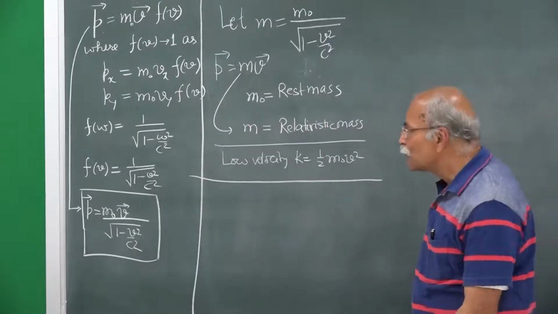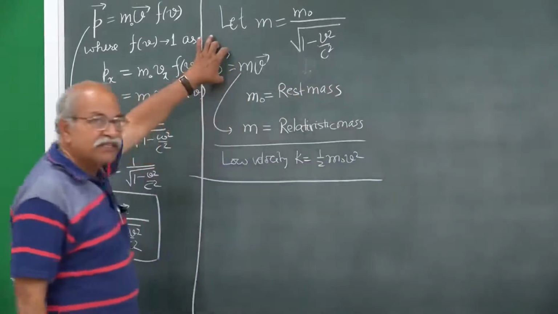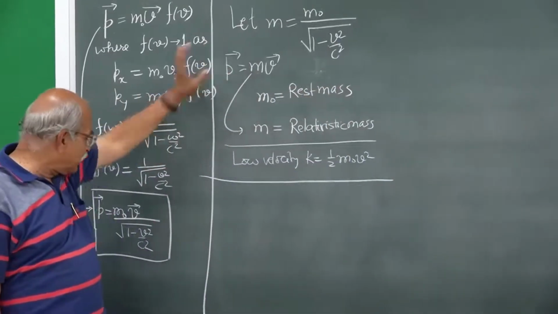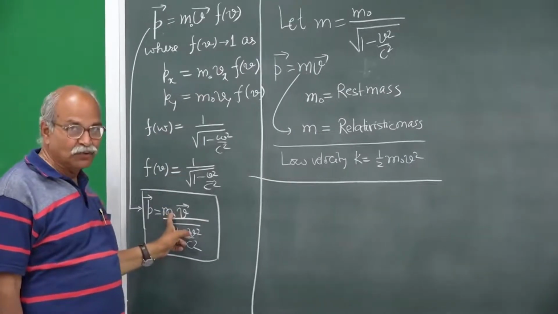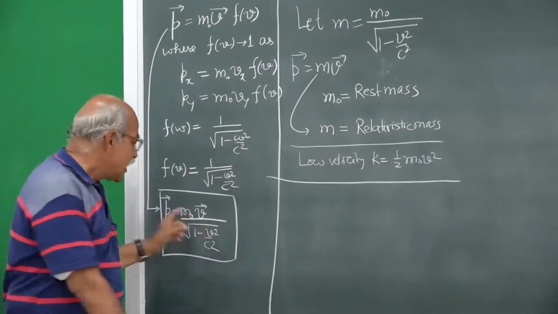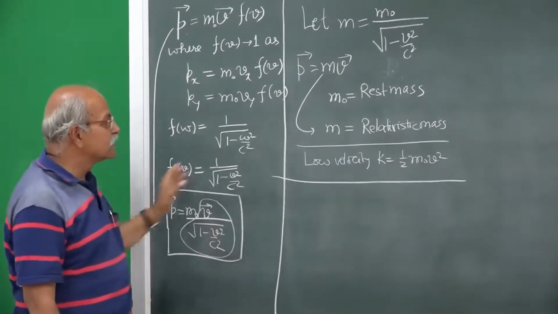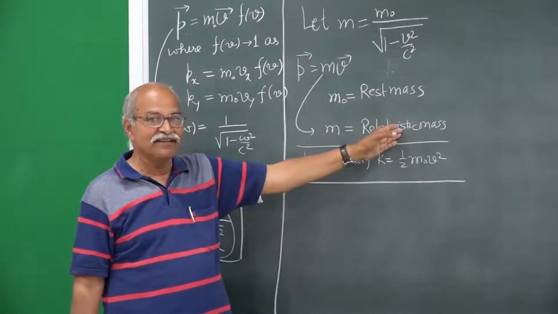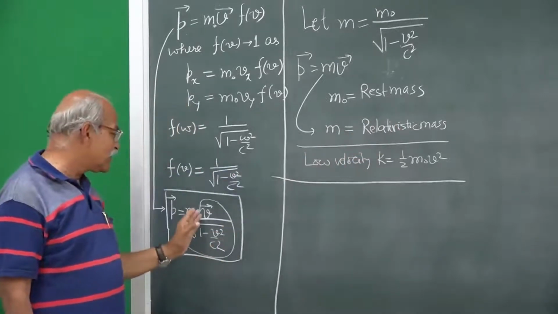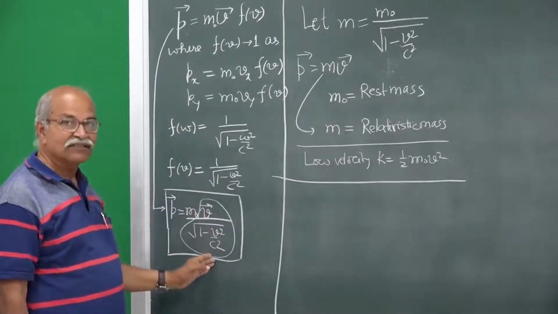You can also preserve this P equal to mv definition, keeping the mass the same, not defining anything extra, and define a new kind of velocity. This is a new kind of mass you are defining; we can also define a new kind of velocity here.